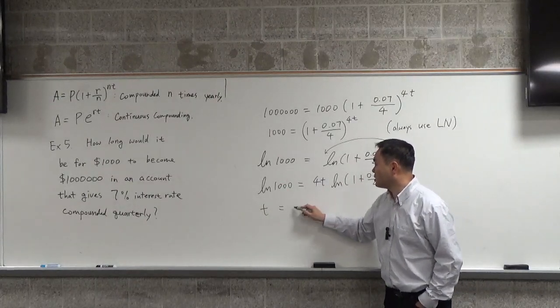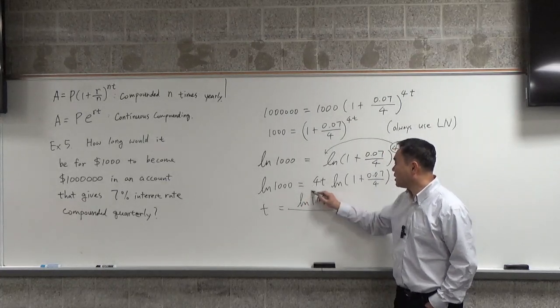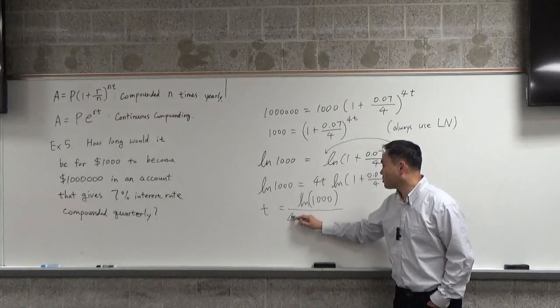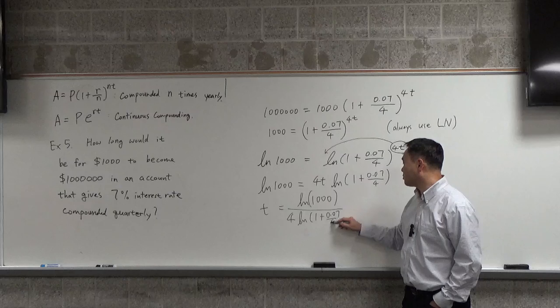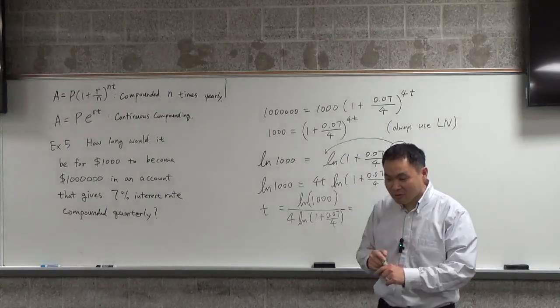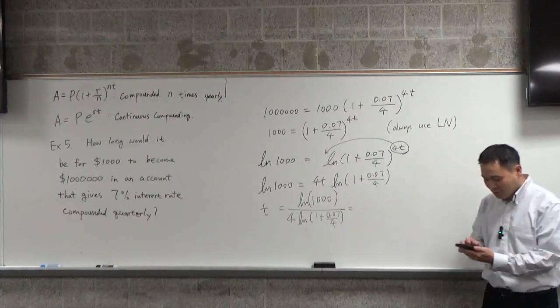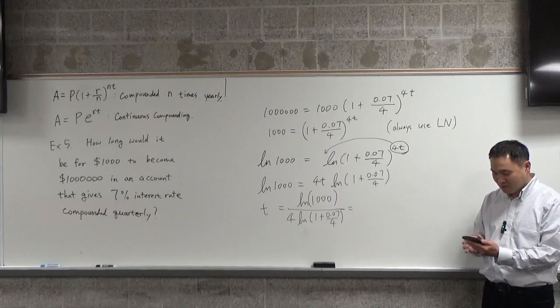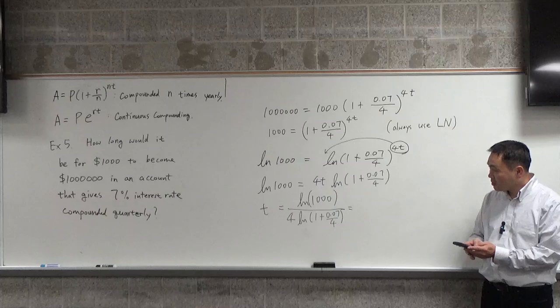So it's ln of 1,000 divided by 4 times ln of 1 plus 0.07 over 4. Now I'm curious to know this. Is it like 200 years, 300 years? I'm not so sure. Let's try it. Maybe it's 700 years. I don't know.